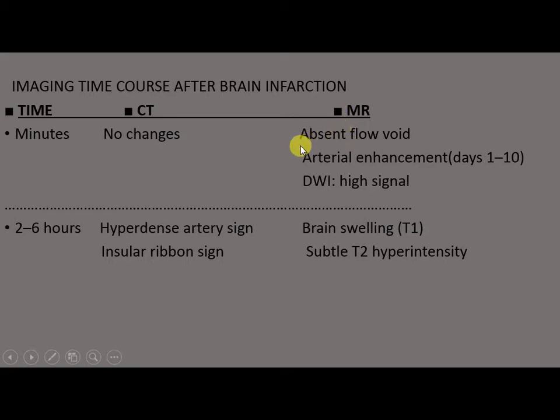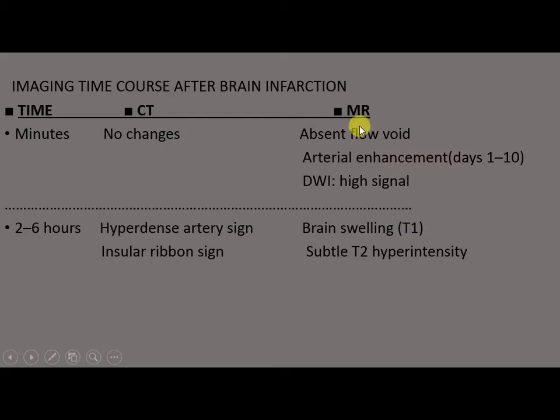Well, in MR, it can be seen as an absent flow void, because in the major arteries there is normally a flow void due to the movement of blood within them. But when there is occlusion or slowing flow, it results in absence of the flow void.